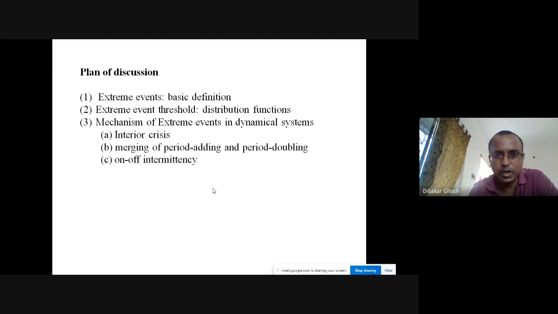For mechanisms, up to now 3 or 4 types have been investigated, because the field is very emerging, and this research has begun just in the last few years, and we and some other people are working on extreme events.